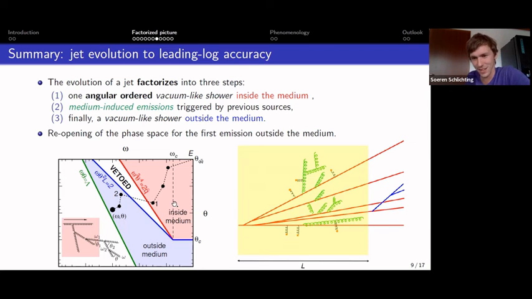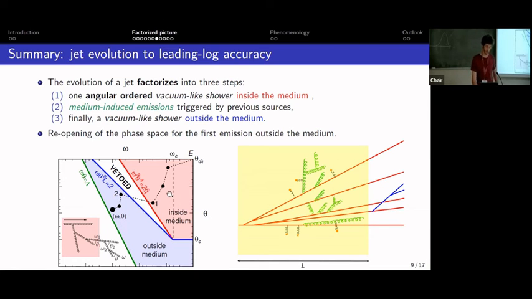So it's multiple sources. Basically, it's factorized. So you see that as a convolution between three processes. And the first process is the parton shower inside this phase space. And at the end, we collect all the partons that we have. So basically, generating this shower is like generating a vacuum shower with a modified boundary.